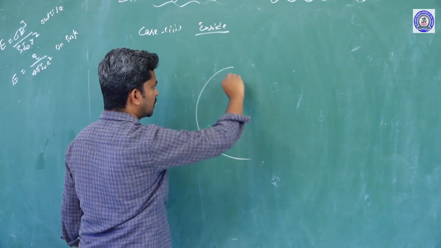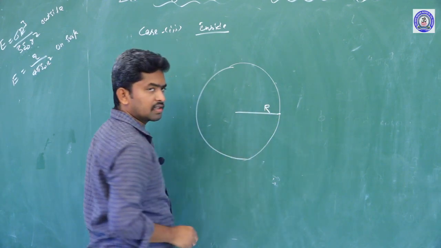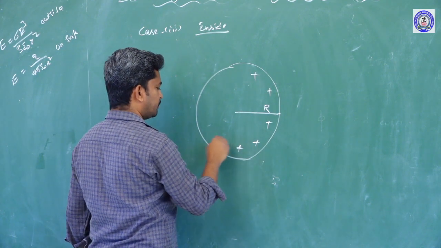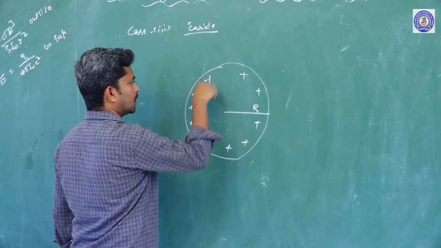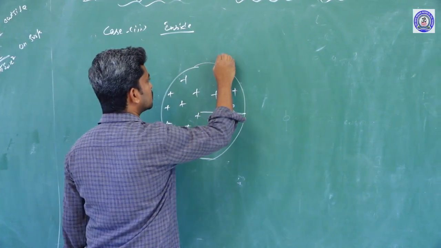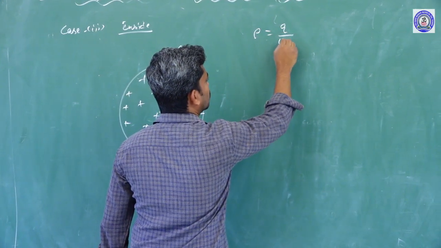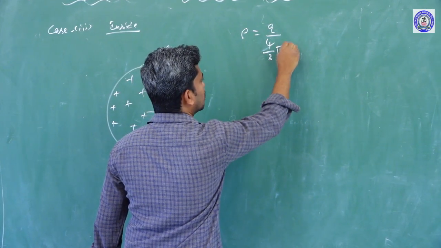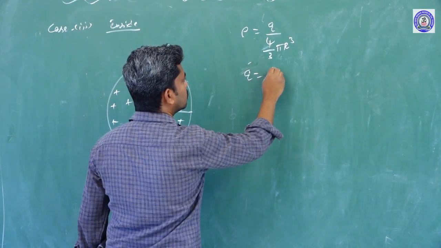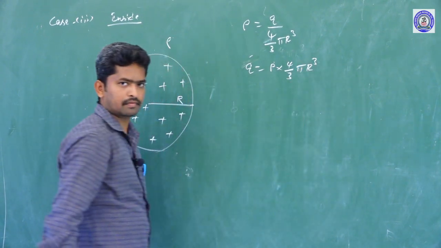Case 3: inside. Consider a sphere, the radius of the sphere is R, uniformly charged. The charge density of the sphere is rho, which is charge per unit volume, so q is equal to rho into 4 by 3 pi R cube.